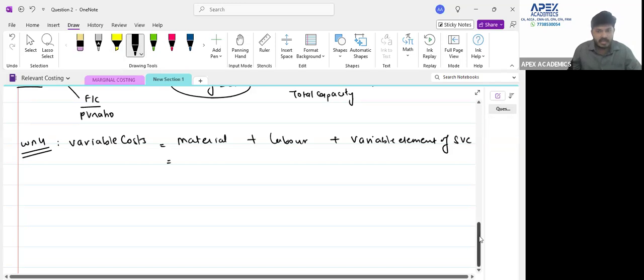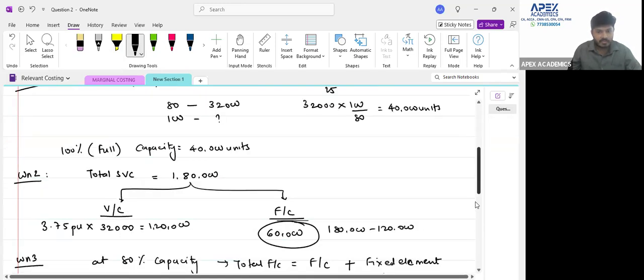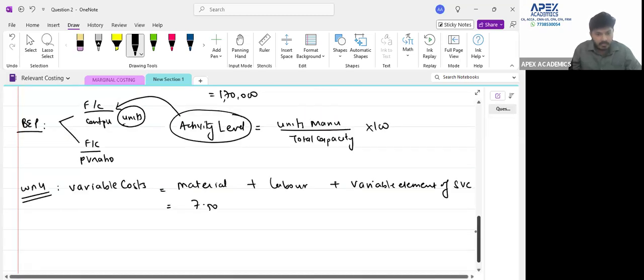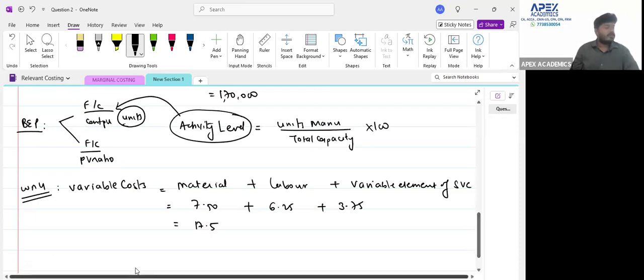So what is my material per unit in the question? Again, 7.5. Labor is 6.25. So 7.5 plus 6.25 plus 3.75. What does this come to? 7.5, 6.25, 3.75. How much you got? 17.5 you got? Super. This is your variable cost.